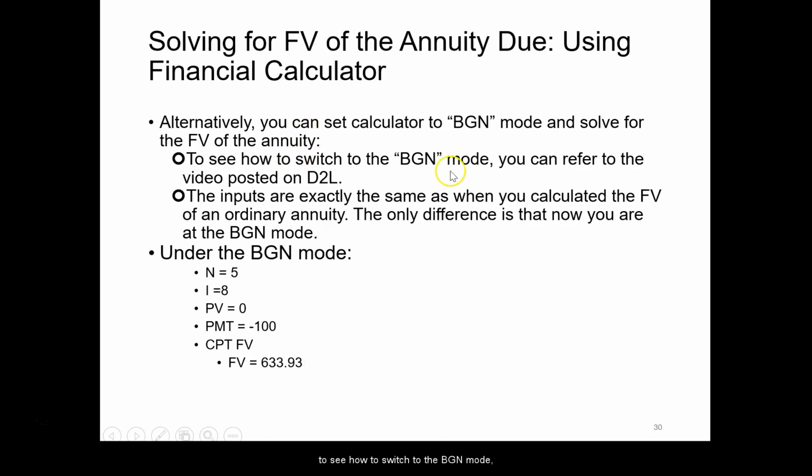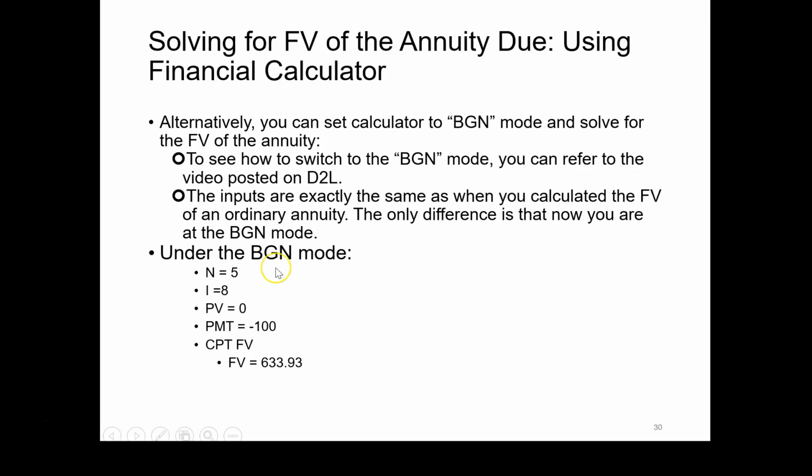To see how to switch to the BGN mode, if you have the BA2 Plus calculator, see the financial calculator demonstration video that I posted. If you are using the TI-83 kind of calculator, it's actually a little bit easier for you. Either way, I have the calculation demonstrated in the video.